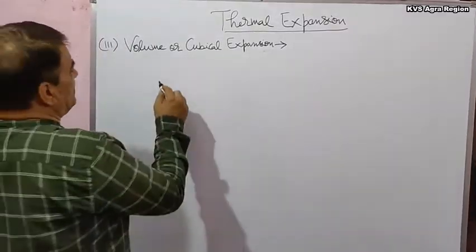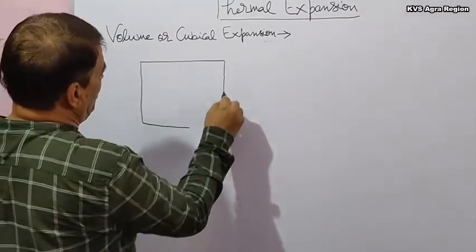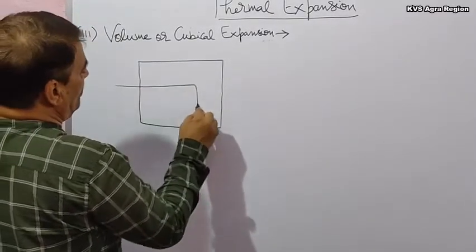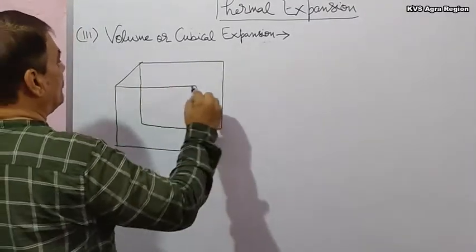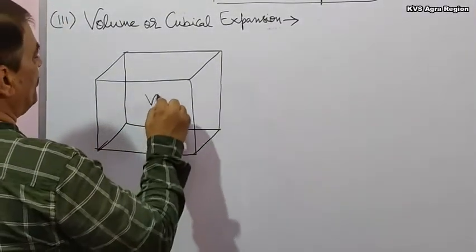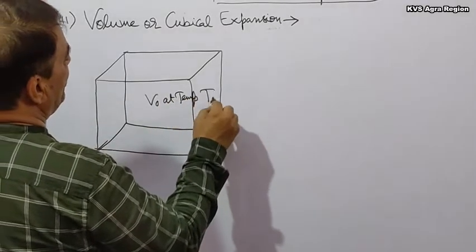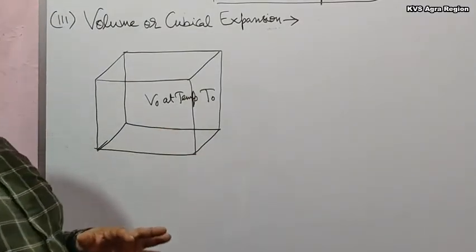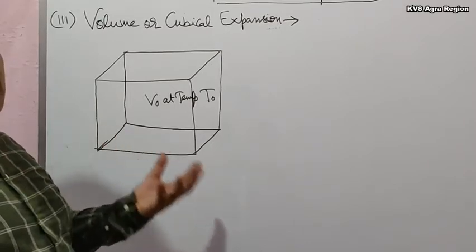So if we consider a block of volume V0 at temperature T naught, what will happen when this block is heated up?